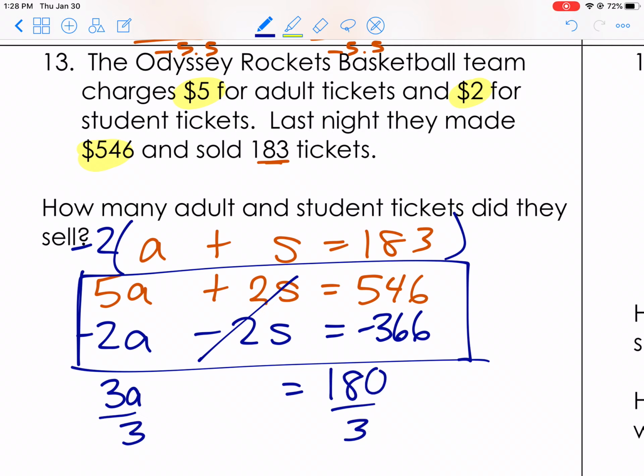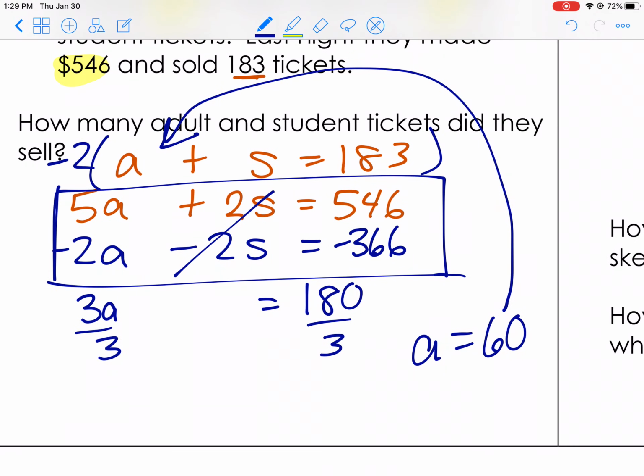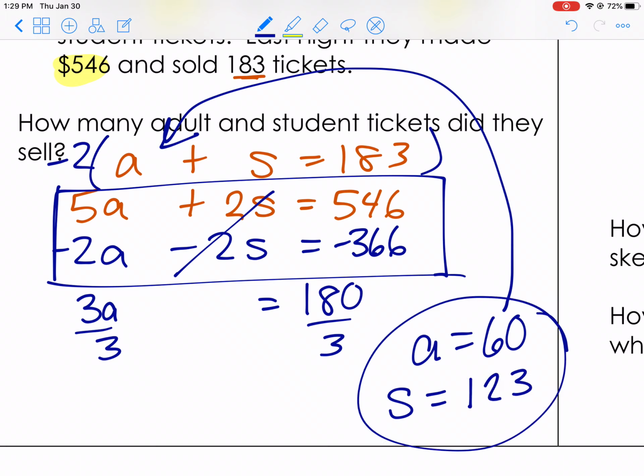Divide both sides by 3, and I find out that there were 60 adult tickets sold. If they sold a total of 183 tickets and 60 of them went to adults, then the students must have had 123 tickets sold.